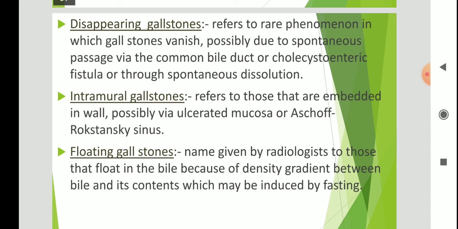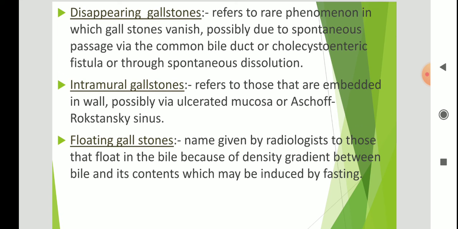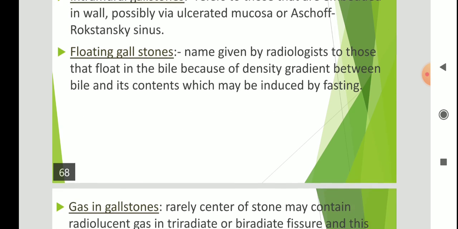Floating gallstones, the name given by radiologists, is basically a sonographic finding, for stones that float in the bile because of a density gradient between bile and its contents, which may be induced by fasting.